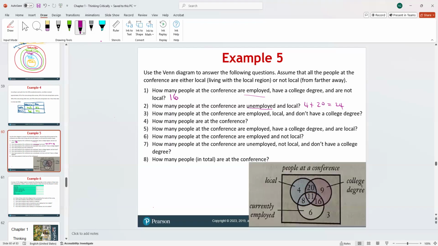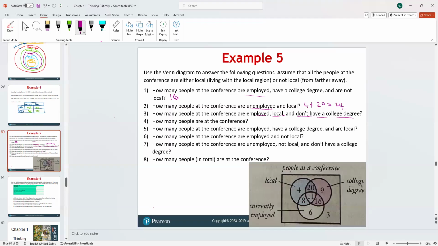How many for C, number 3? I don't know if we can read it here. How many people at the conference are employed, local, but don't have a college degree? Employed, local, and no college degree.